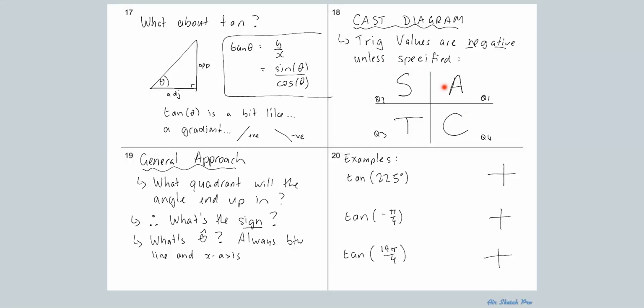So this means that all trig functions are positive here. The output to sine is positive here, and the rest is negative. The output to tan is positive here, but the rest are negative. And the output to cosine is positive here, and the rest are negative.